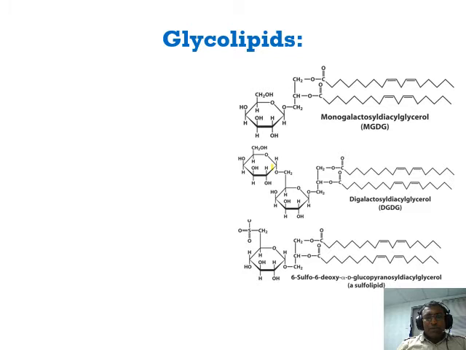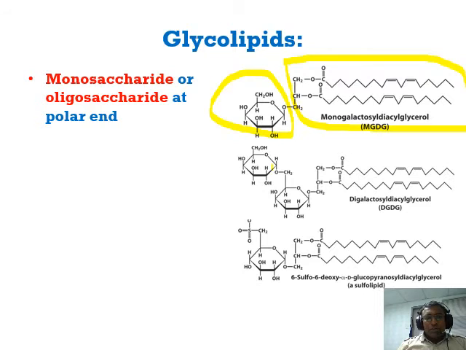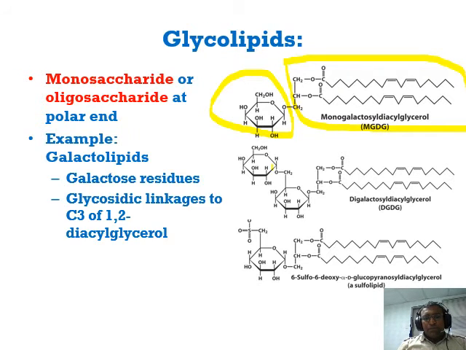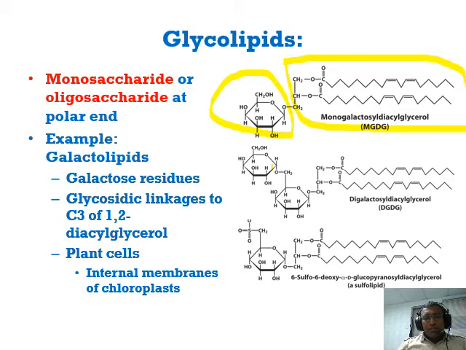So you have still the non-polar as well as the polar head group. It could be monosaccharide, or it could be disaccharide, as well as contributing in the buildup of the membrane of the chloroplast.